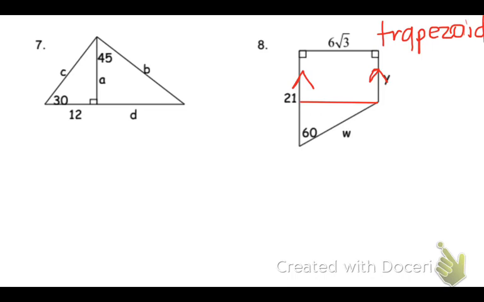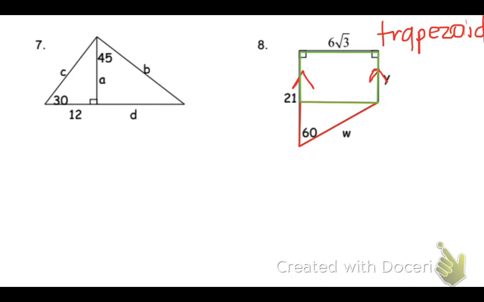So now we have that bottom red triangle going this way, and then the top green rectangle going this way. And we're trying to find the missing sides, so we're trying to find Y and we're trying to find W. So that bottom triangle, what kind of triangle is it?